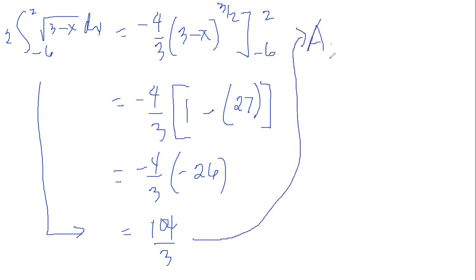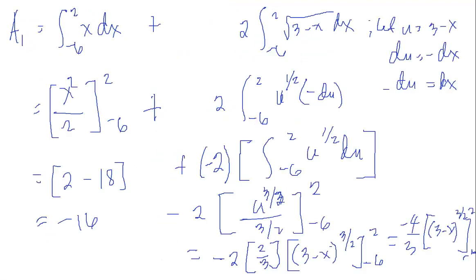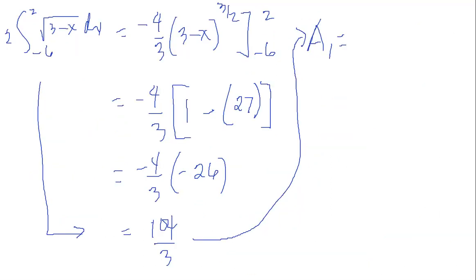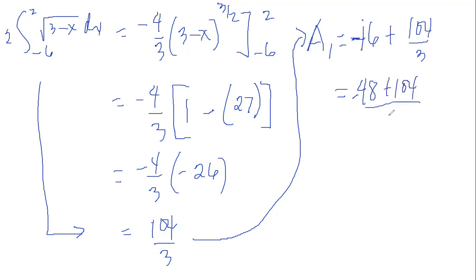So we knew that a sub 1 is equal to, let's copy, this is negative 16, right? Negative 16 plus our answer here is 104 over 3. So this becomes, oh, negative 16. So this is negative 48 plus 104 over 3 is equal to what? So this is 6, 956 over 3.